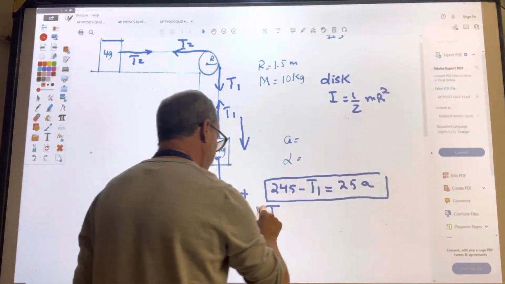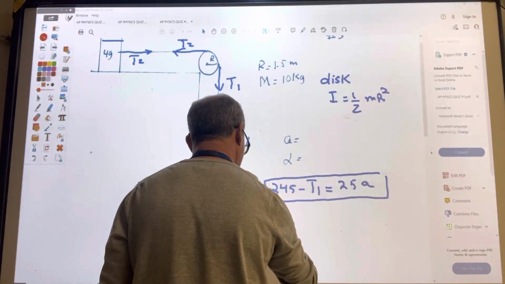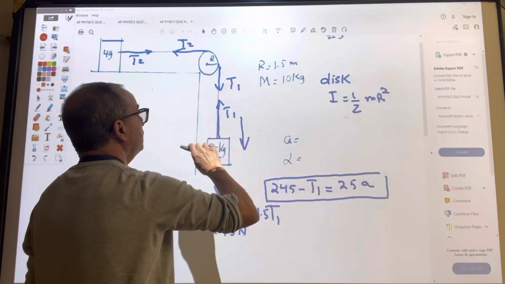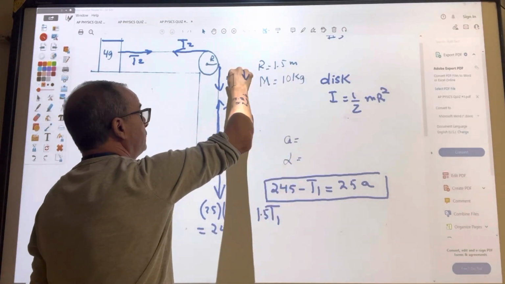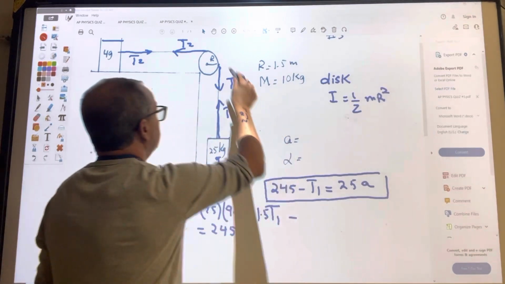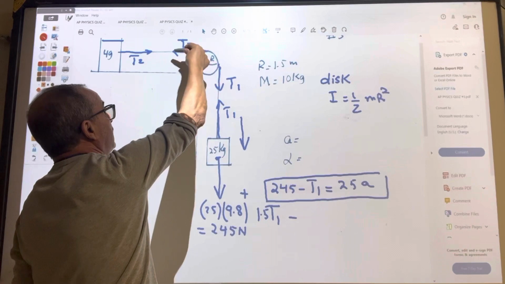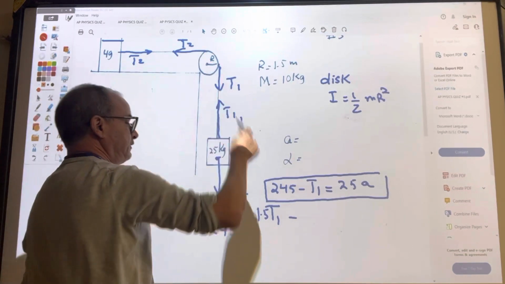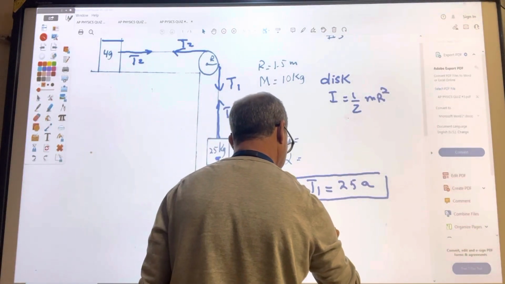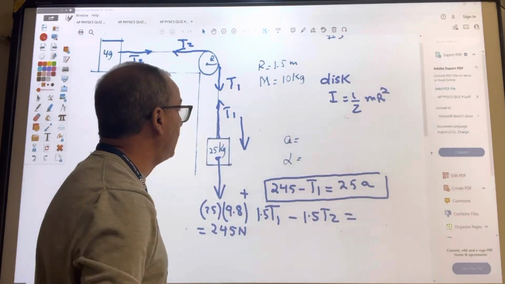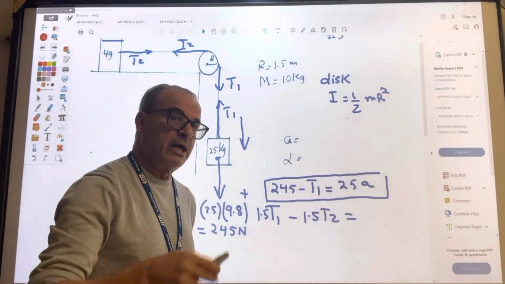So you write T1 times the radius, 1.5 T1, minus, because the other one is going counterclockwise, 1.5 T2. And the whole thing should be equal to I alpha, because now it's moving.